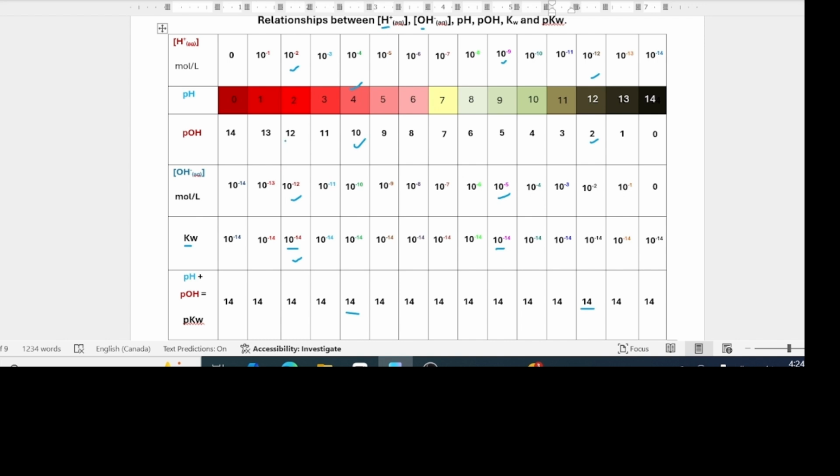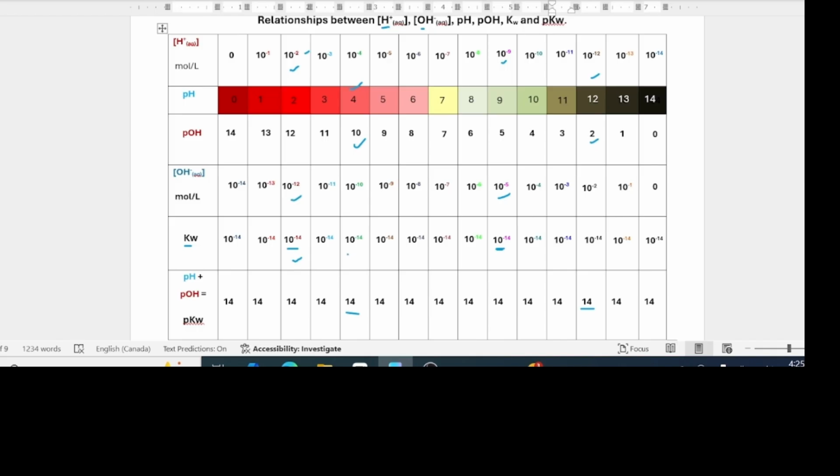So in this case, multiply that with that, you end up with this. In this case, doing the same thing, you end up with that. So always, in any aqueous solution, the product of hydrogen ion concentration and OH ion concentration is always equal to 10 to the negative 14.